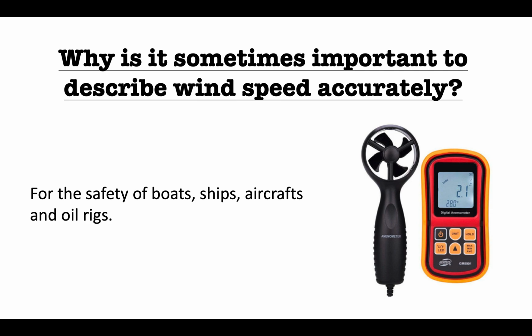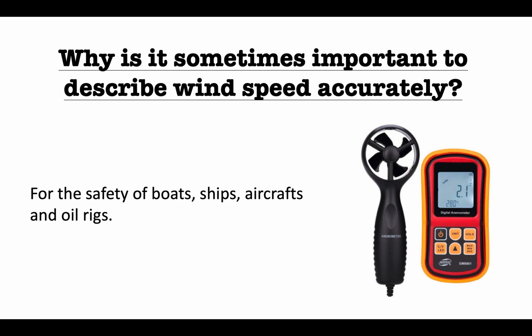An anemometer has 4 little cups that turn in the wind. The cups are attached by a shaft to a meter, rather like a car speedometer, or to a scale. The harder the wind blows, the faster the cups of the anemometer turn, and the higher the reading on the meter.